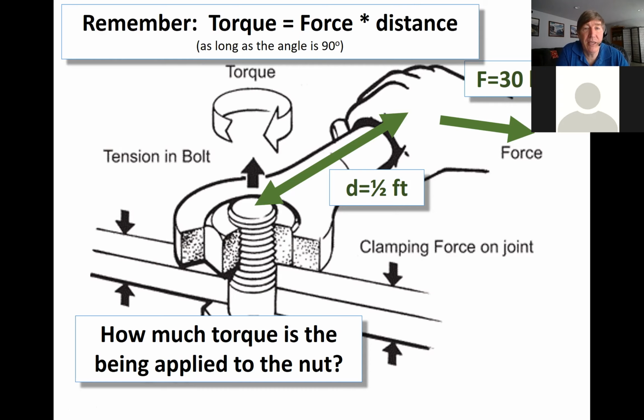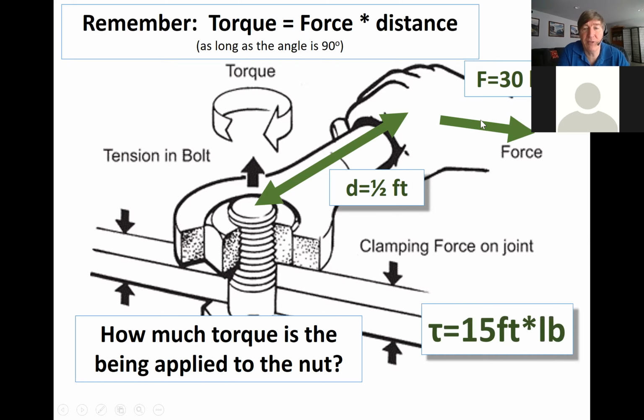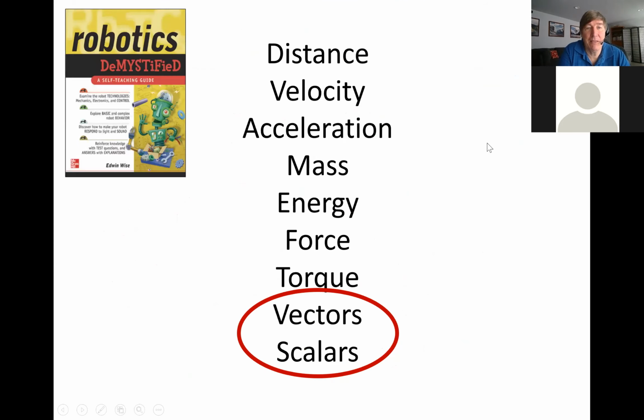So the common way to express the answer is 15 foot-pounds. Get used to that. If you said 15 pound-feet, I wouldn't mark it wrong because when you're multiplying, it doesn't matter. 3 times 4 is the same thing as 4 times 3. So a pound times a foot is the same thing as a foot times a pound. The answer is in fact 15 foot-pounds. Pretty heavy feet. Yeah, they are. Okay, so that's torque.